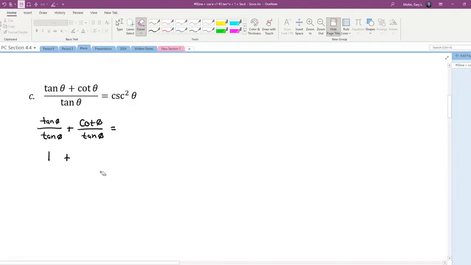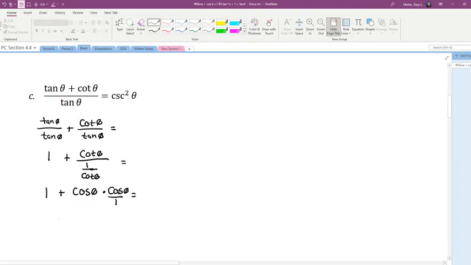So instead of that, let's leave cotangent as cotangent, and let's turn tangent into 1 over cotangent. When I divide and fractions are involved, I know it means I need to multiply by the reciprocal instead. So I'm just going to multiply by cosine of theta over 1.